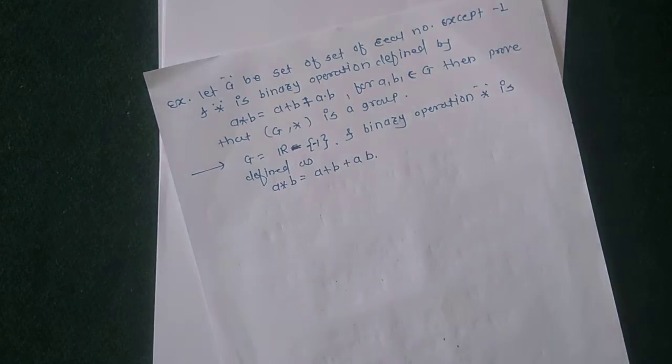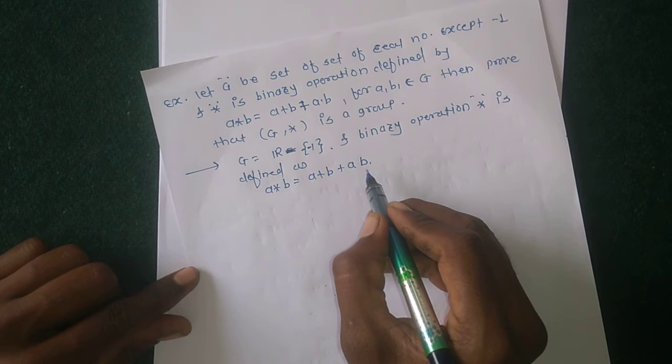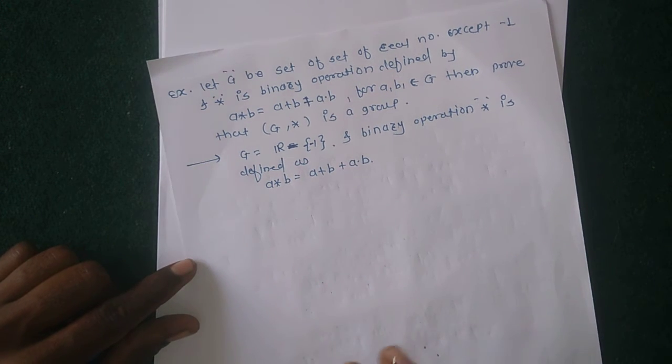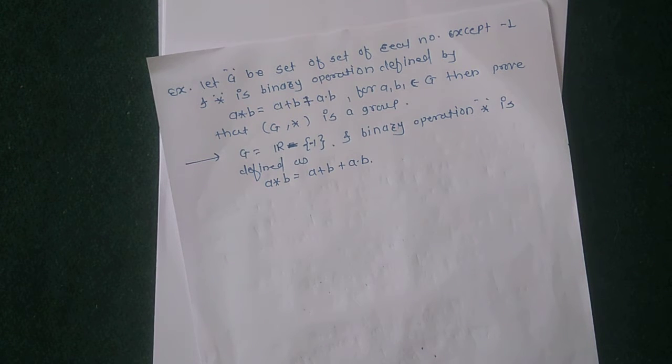This is a very important example. A plus B plus A into B. Okay, here the binary operation is defined. Given set G is R minus singleton -1.